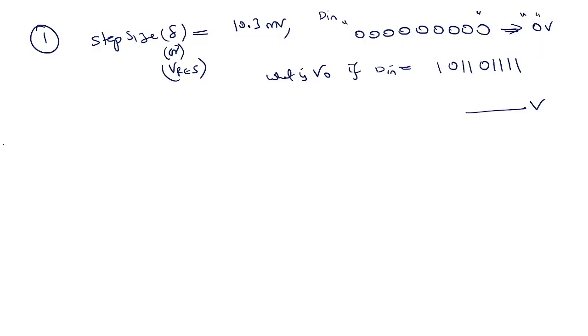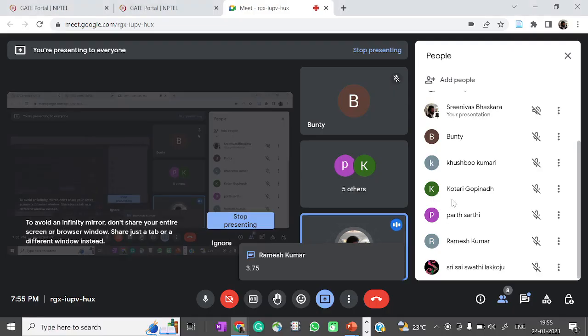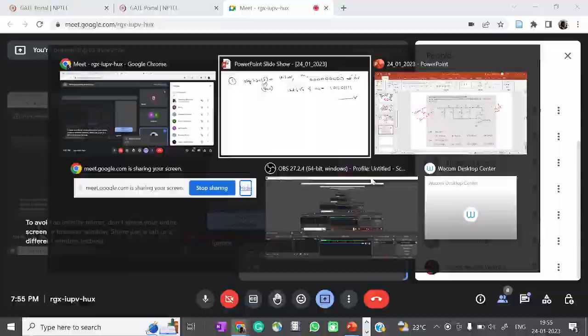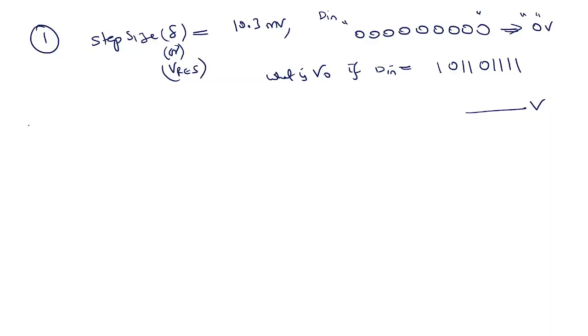Let's understand what is that. Forget about this thing, whatever they gave. Let's take a 3-bit DAC. 000, output is 0. 001, what is this? One LSB change results in 1 V resolution.